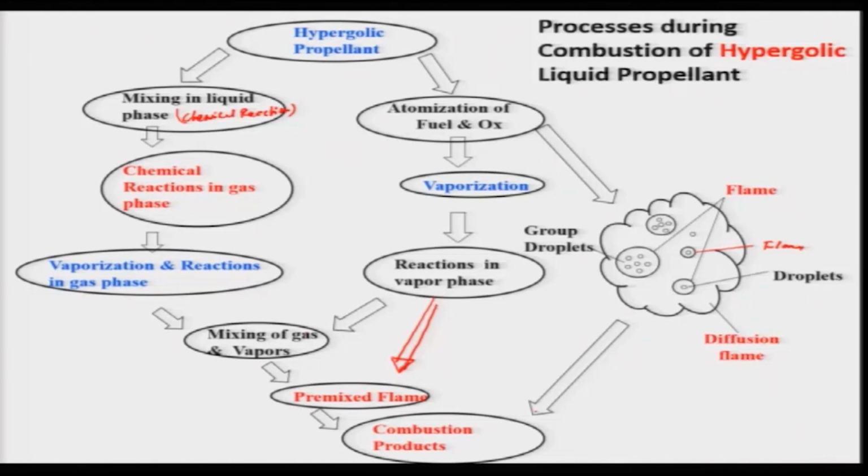If you consider that way, this process of hypergolic liquid propellant combustion is a little bit more complex as compared to non-hypergolic propellant, and there are several things which will be occurring.